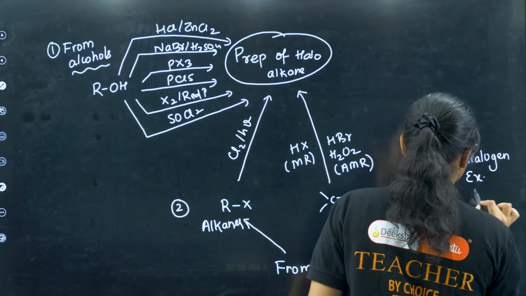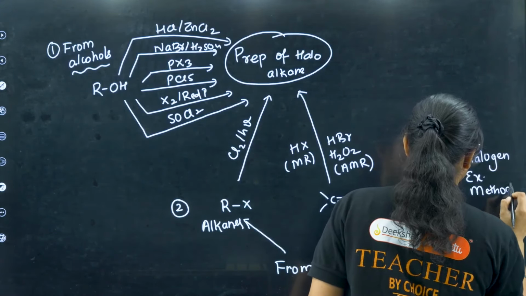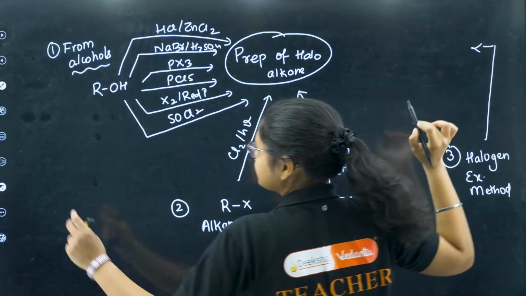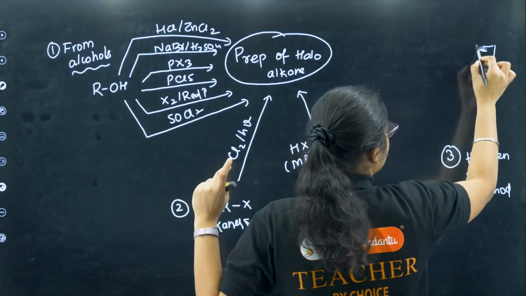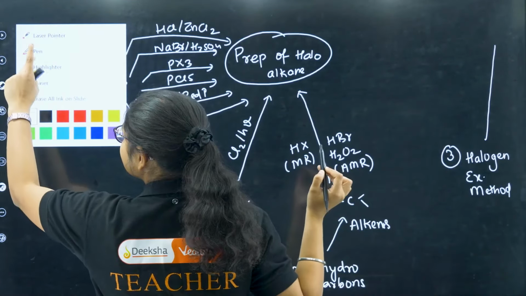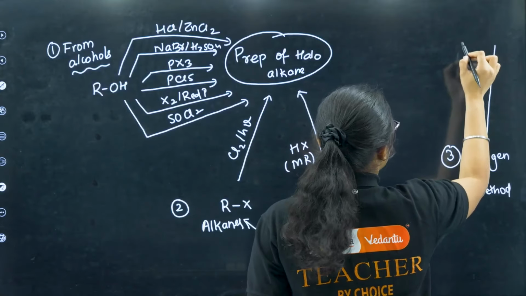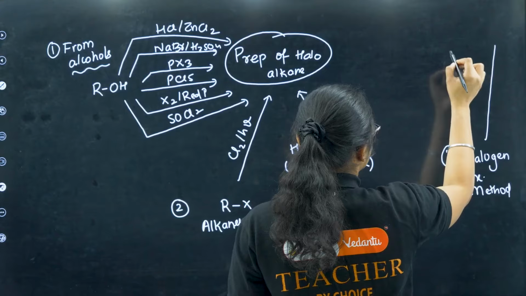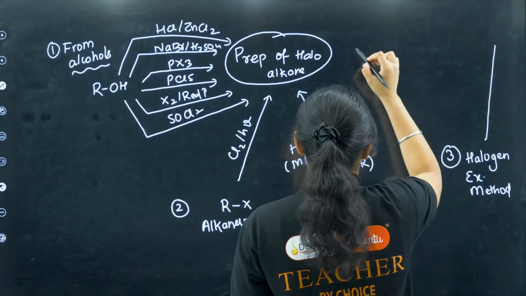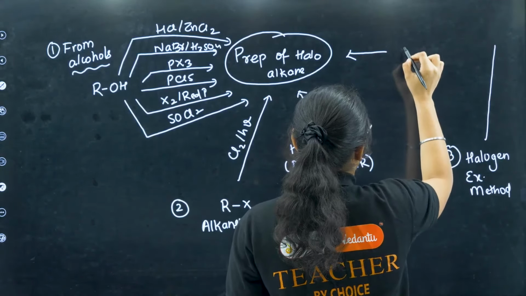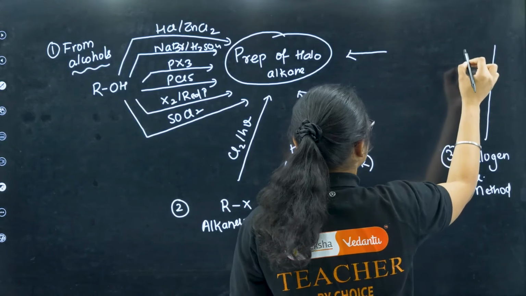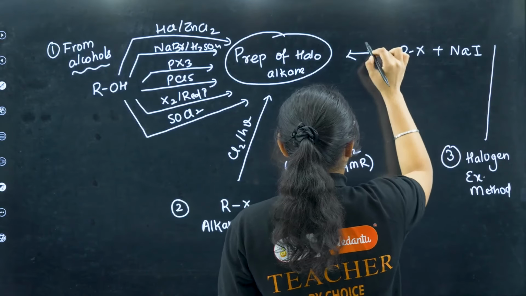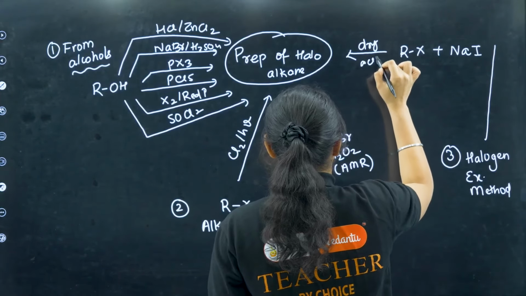Halogen exchange method. Now here also I have 2 reactions, so I will write like this. One is RX plus NaI, and here I'll put dry acetone.